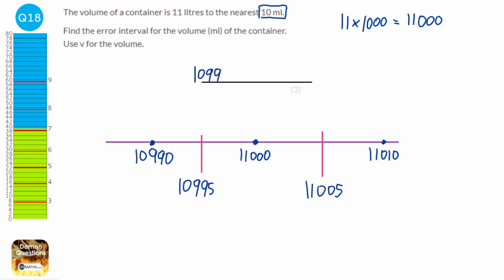And so that is going to be our upper and lower bound. And we just need to say that V can be anything above 10,995 and including that, and it can be anything below 11,005, but it can't include that, because if it was 11,005, it would have rounded up to 11,010.